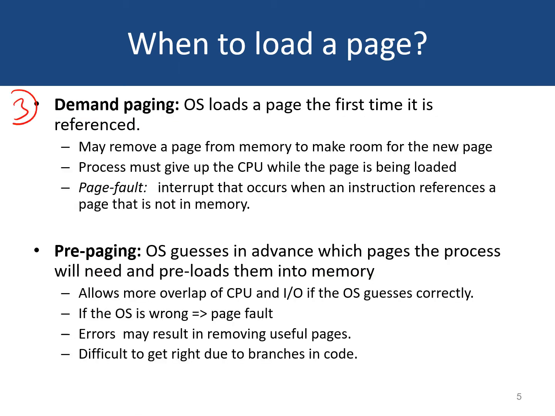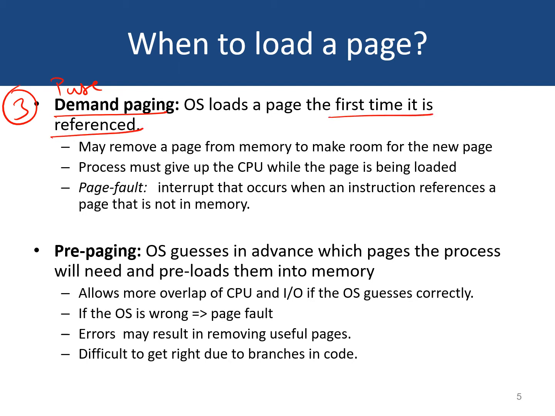Now, the third alternative to determine when to load a page is demand paging, or pure demand paging. Pure demand paging basically says that by default, all the pages of the process stay on the hard disk. The operating system will load a page from the hard disk into the main memory the first time it is referenced or needed.